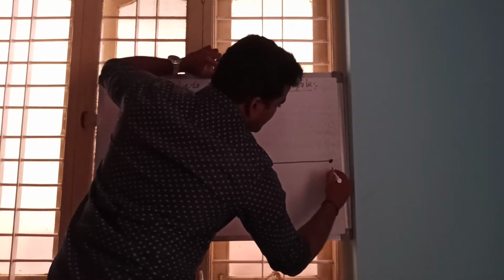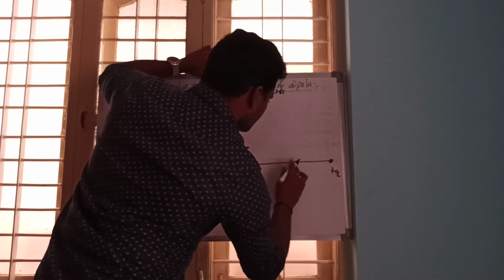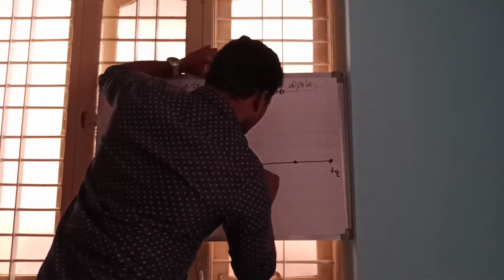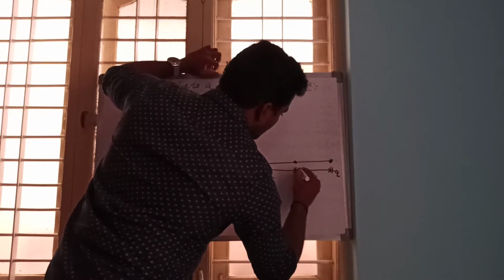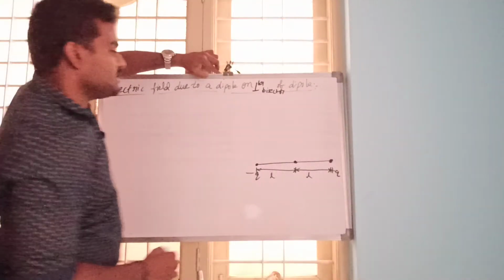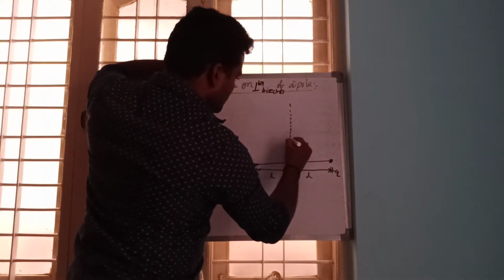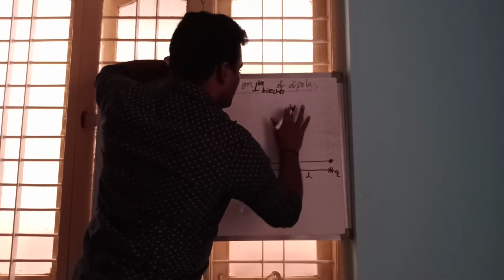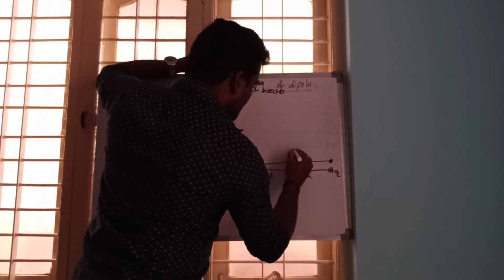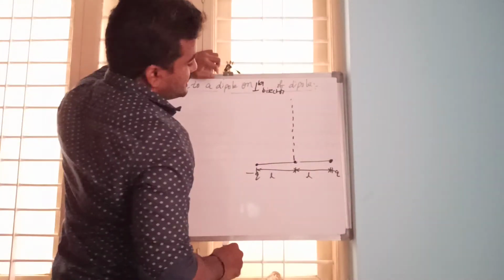Minus Q, plus Q, center of the dipole, the distance will be L and L, and we are going to find the electric field on the perpendicular bisector of the dipole.